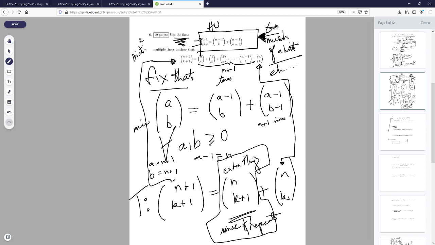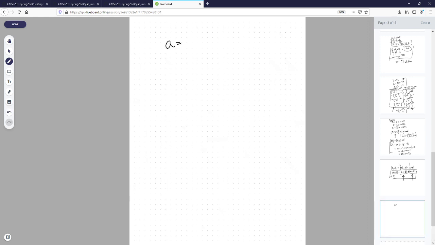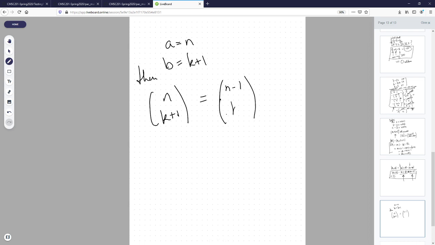So what you need to do is say something like, well, now, if A is equal to n, B is equal to k plus 1, then n choose k plus 1 is equal to n minus 1 choose k plus 1 plus n minus 1 choose k.